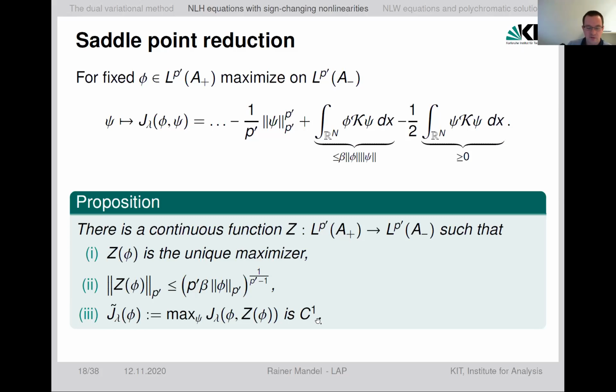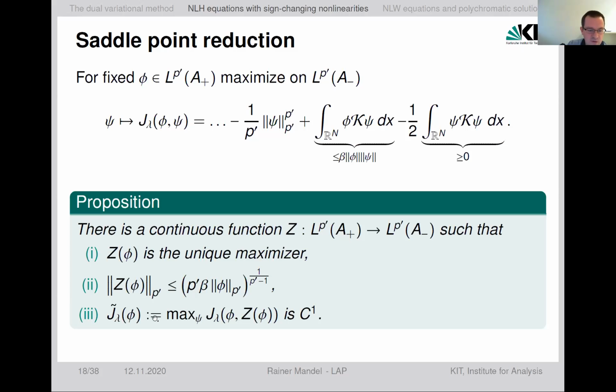This is now the point where you can see that J lambda tilde, this reduced functional, should be the one to which we apply the mountain pass theorem, because it turns out it has the right structure. I don't want to verify this structure here in detail because it would be another set of slides, which might be too complicated.